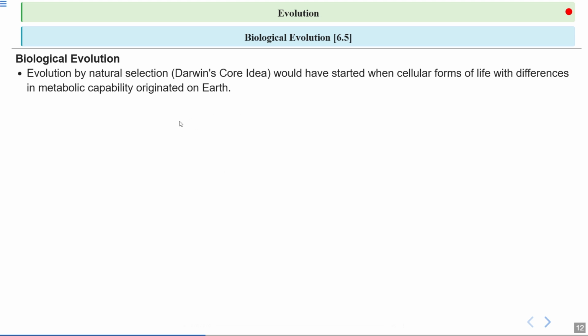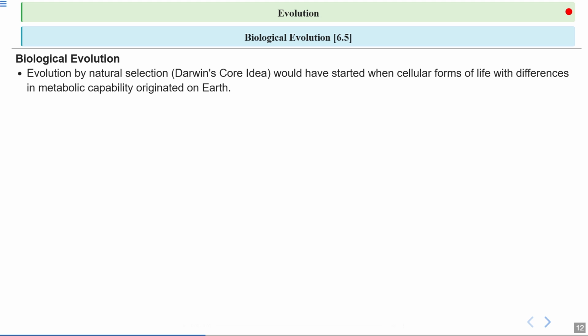Evolution by natural selection would have started when cellular forms of life with differences in metabolic capability originated on the earth. What they are saying is that these cellular life forms are made up of cells, and they have different metabolic capability.